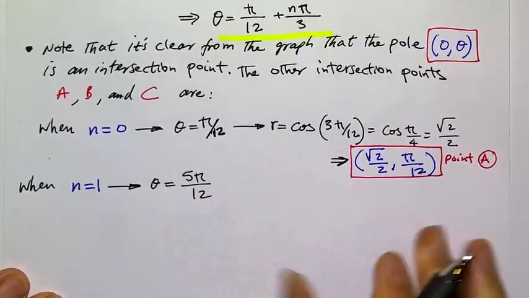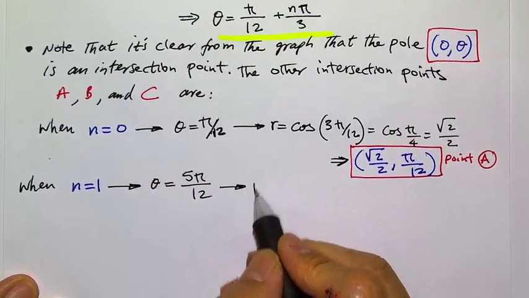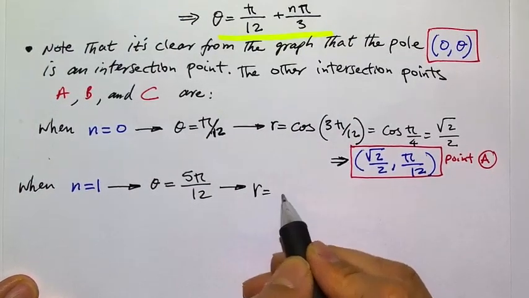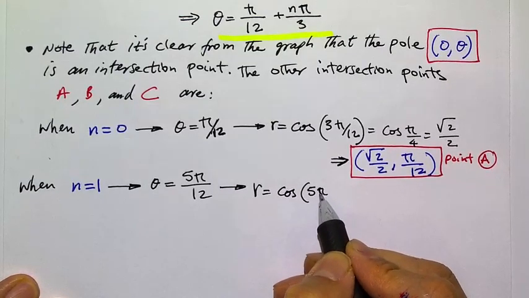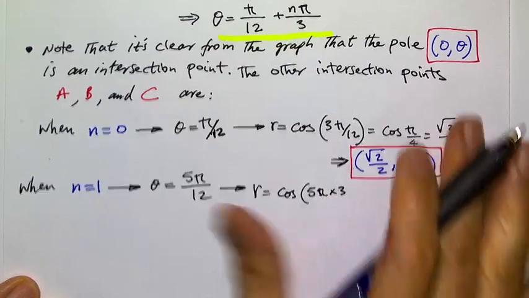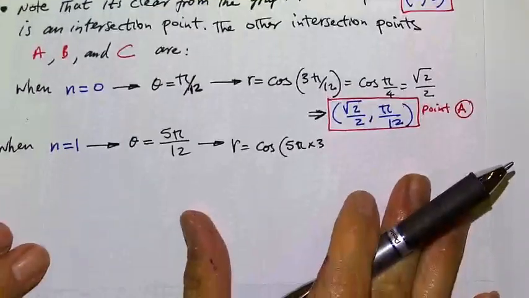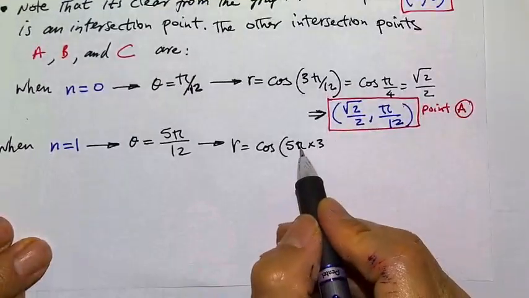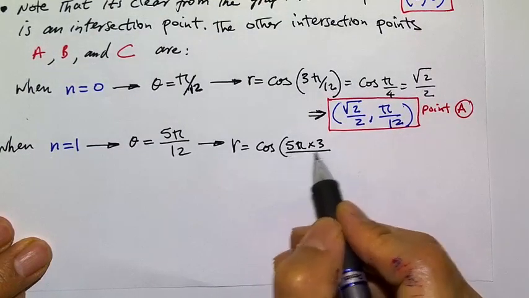Okay, then let's find the r value for that theta, which would be r equals cosine of 3 times 5 pi over 12, because we have 3 theta. I should have put the 3 before, but it's okay.